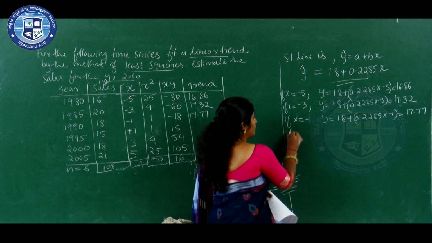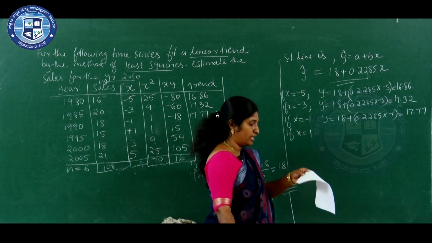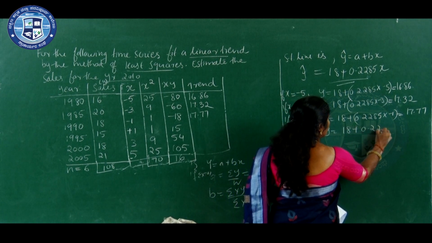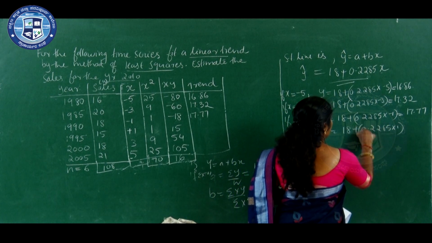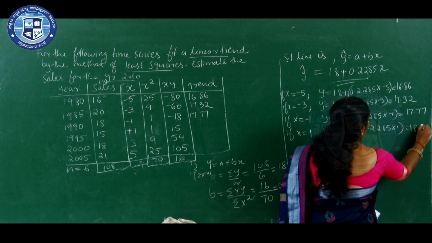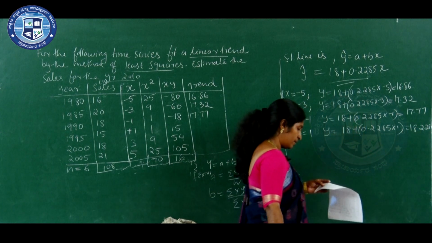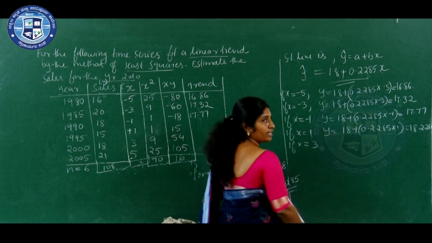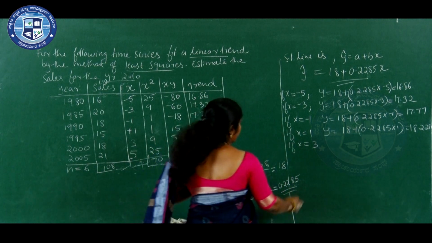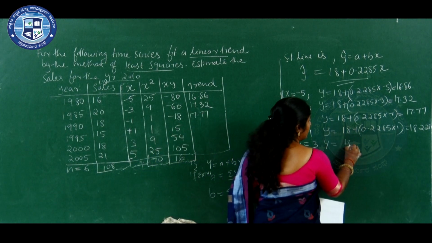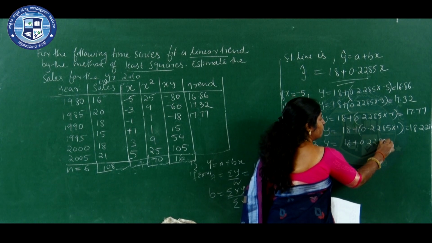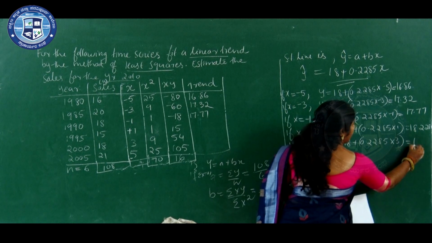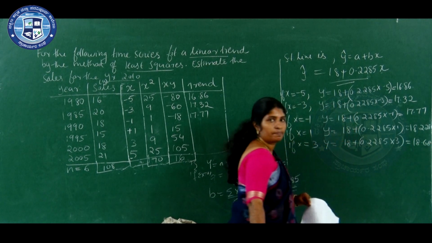If x is equal to 1, y is equal to 18 plus 0.2285 into 1, that is 18.2285. If x is equal to 3, y is 18 plus 0.2285 into 3, that is 18.68.